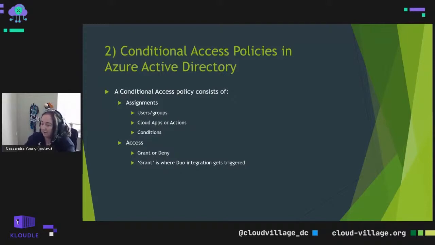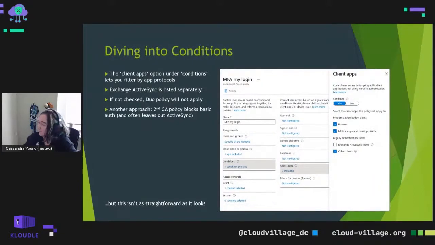And then finally, you can write a policy to either perform an action or deny access, period. And this access grant is where the Duo integration actually happens and what sends it off to Duo to go through that second factor. So let's take a look at what that looks like.